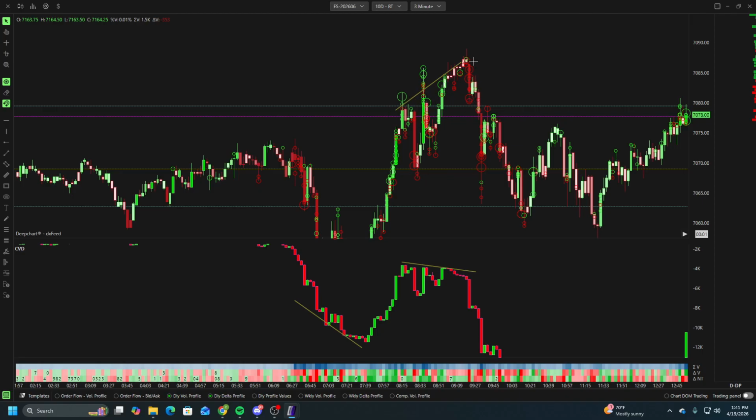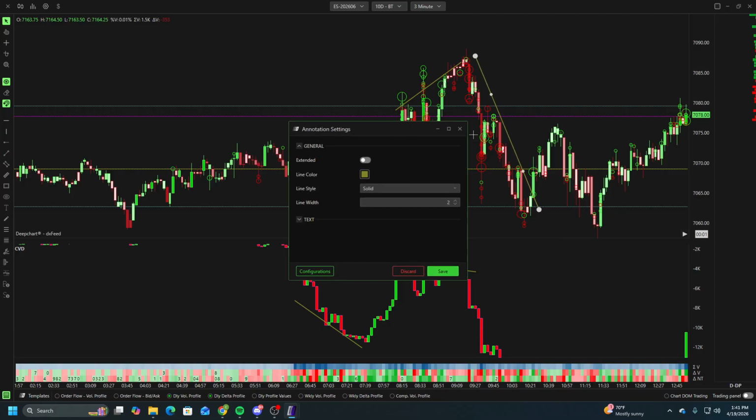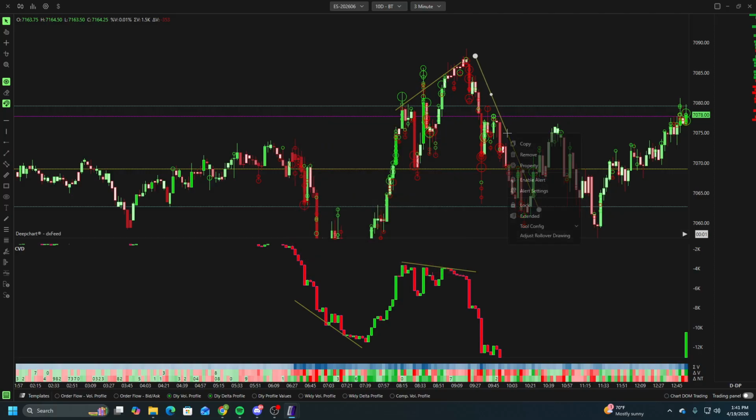We're making higher highs, but we're making lower highs on the CVD. So less and less people are willing to buy at these levels because they think it's too expensive. So what happens? No buys are left. So if no one's willing to buy, what happens? The price goes down. It has no choice but to go down. Okay?